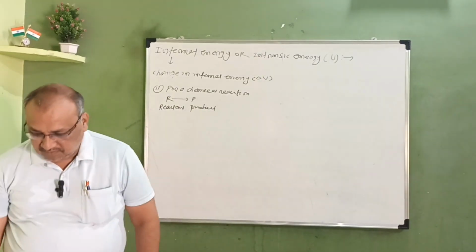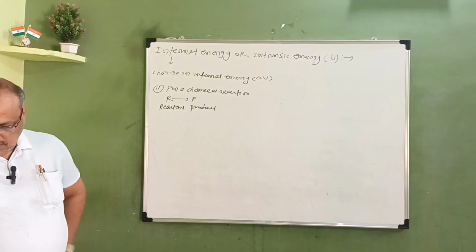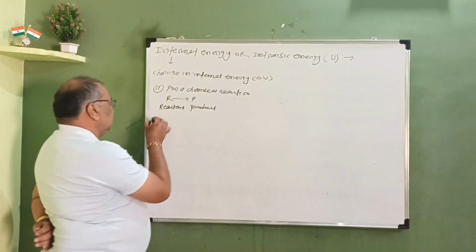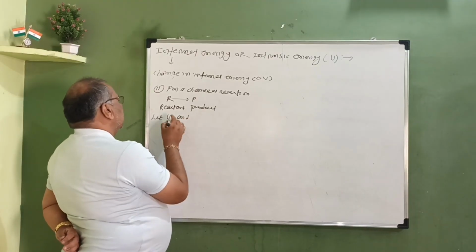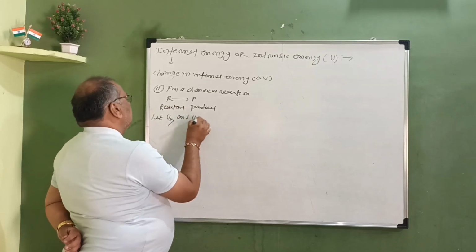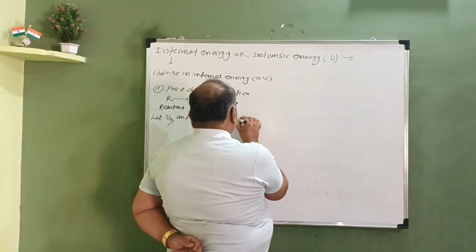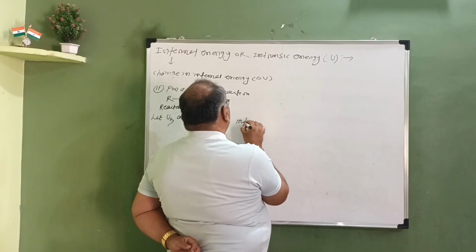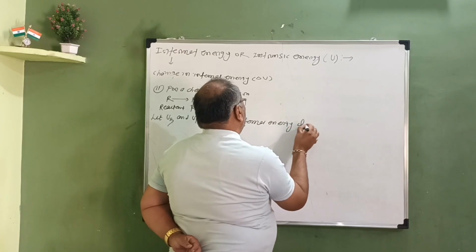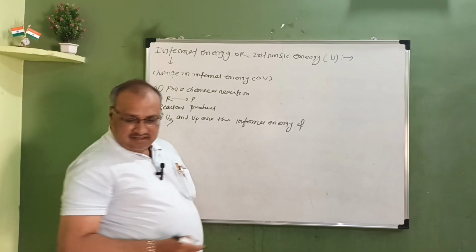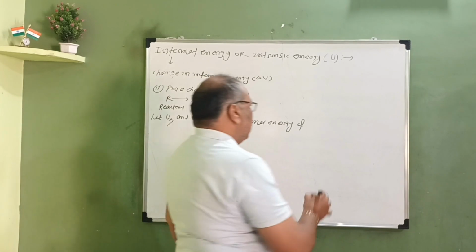Here let UR and UP are the internal energy of reactants and products respectively.